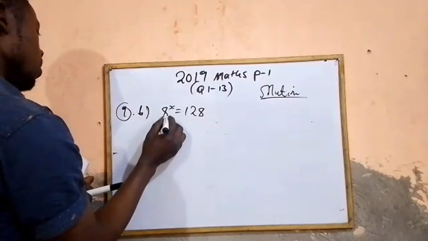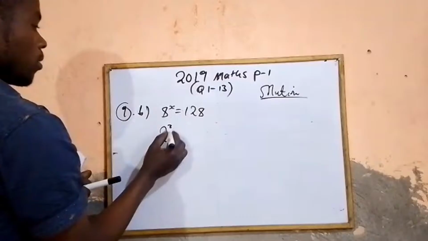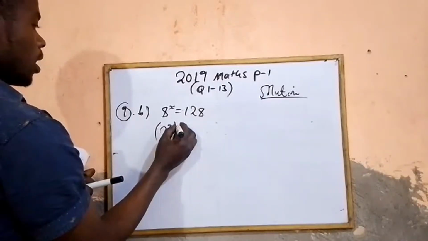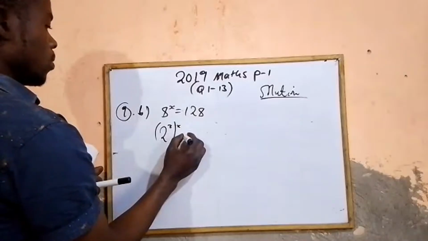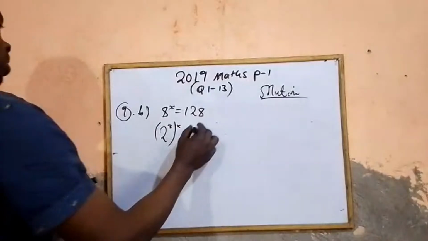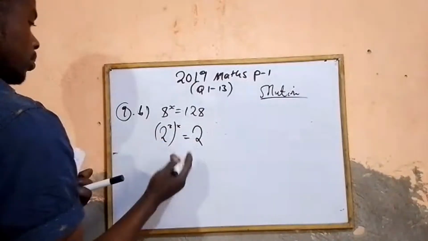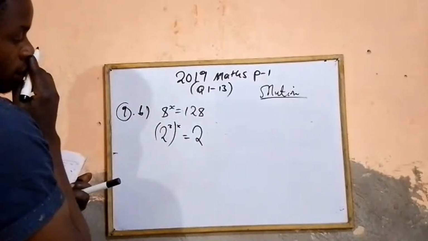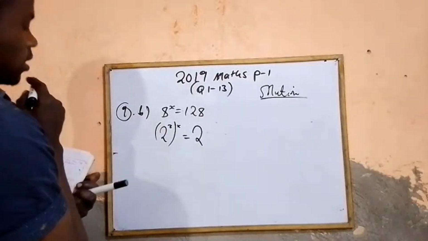So 2 to the power 3, 2 to the power 3 is 8. Okay? Then power x, which should be equal to 2 here. Because we picked this 2 for us to balance this exponential equation.